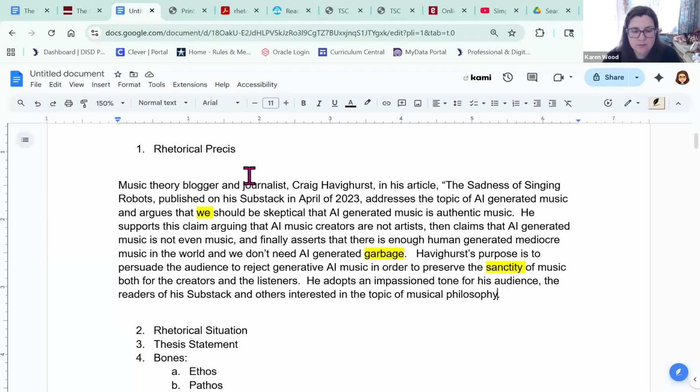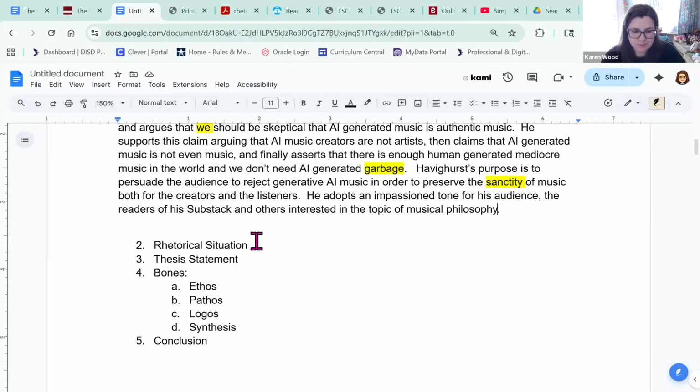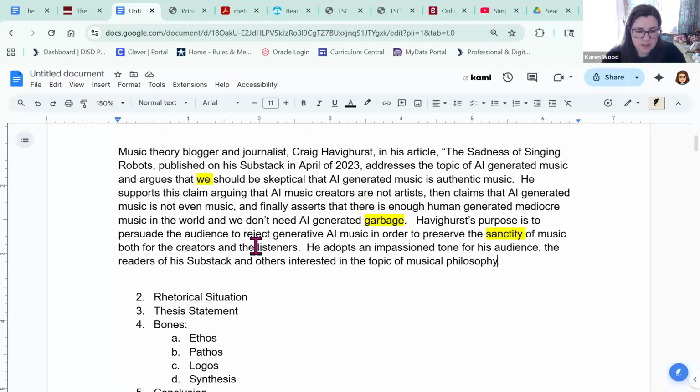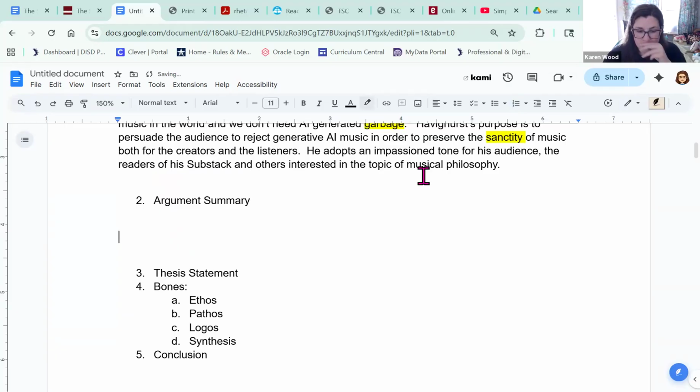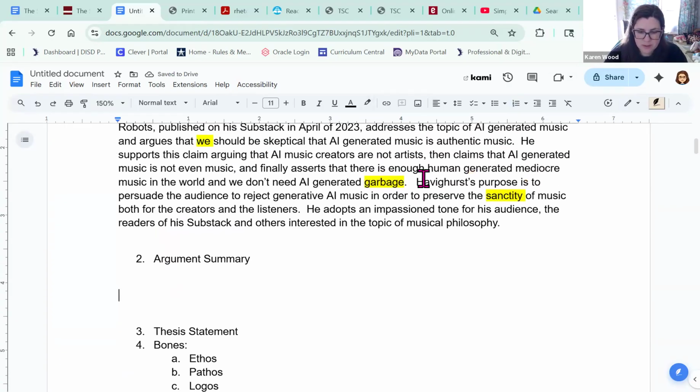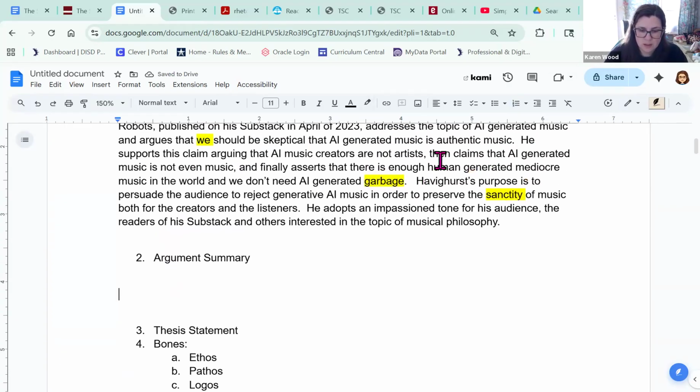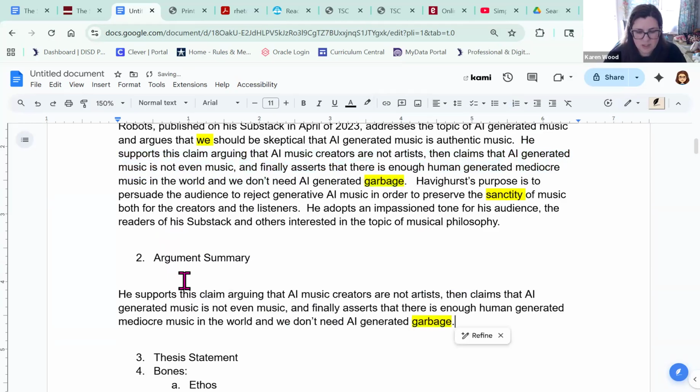Now I want to go into a little bit of an argument summary. So since we kind of covered the rhetorical situation with our précis, now I'm going to go here. What I'm going to make sure that I do is kind of take this one and pad that out a little bit.